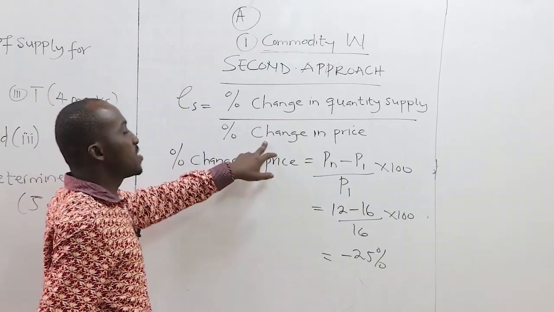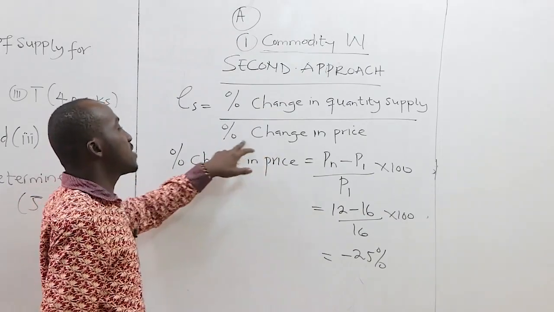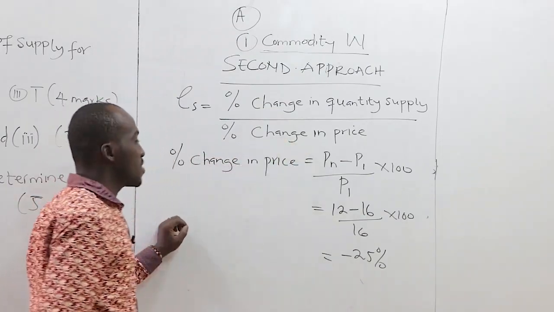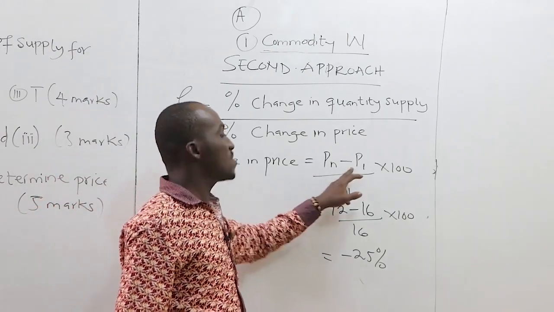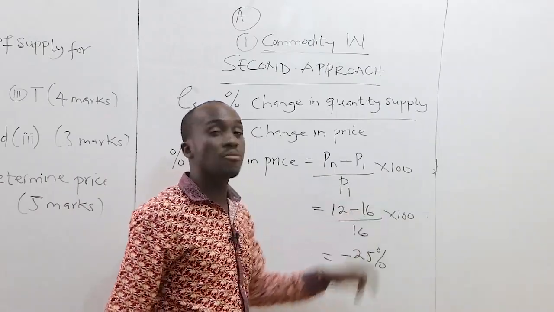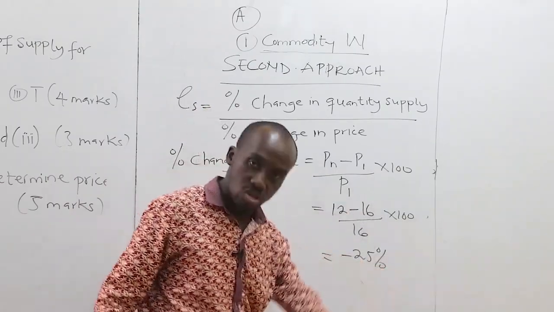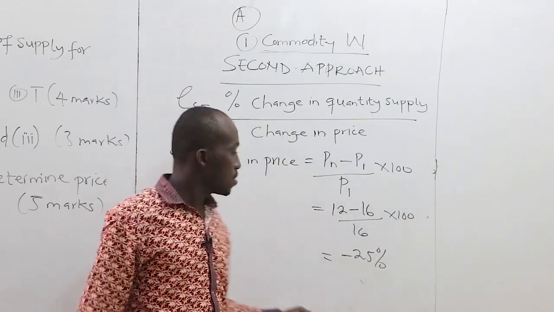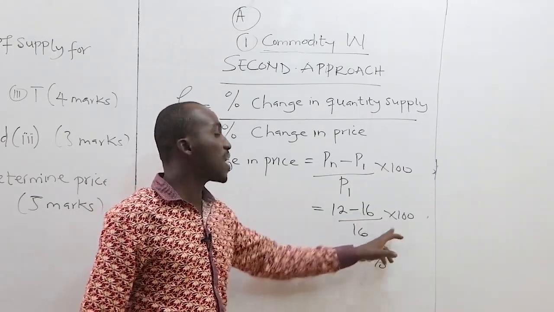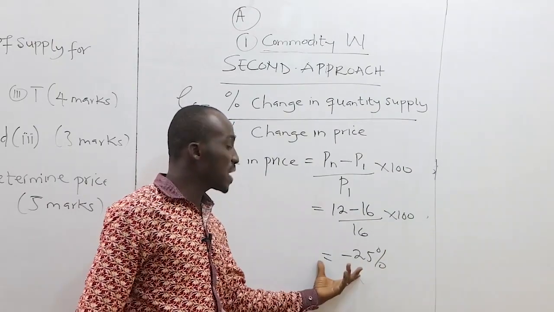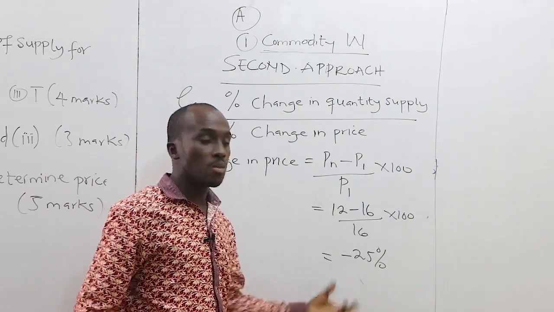It's a formula. If you want to find a change in something, that's the formula. That will give you 1 mark.